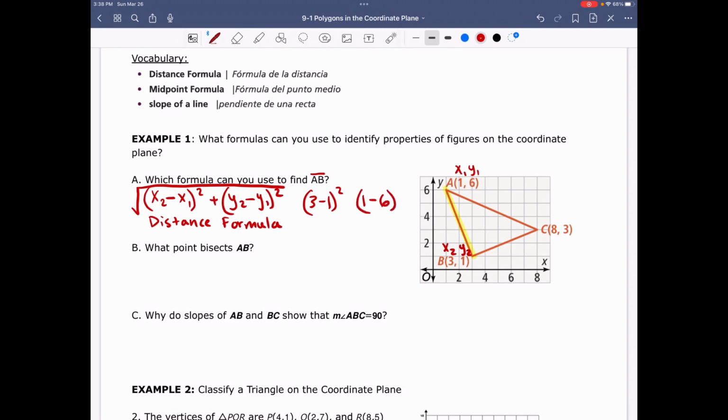So 1 minus 6 squared, and we're adding those. 3 minus 1 is 2. 2 squared is 4. 1 minus 6 is negative 5. And if you square that, it becomes positive because it's a negative times a negative. So 2 squared is 4. 5 squared is 25. And so the distance between those two is equal to the square root of 29.